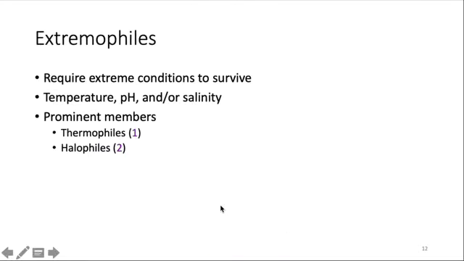For the extremophiles, they require extreme conditions to survive. The extreme condition may be temperature, maybe pH, and or salinity, the salt concentration. Prominent members in this group are the Thermophiles and the Halophiles.